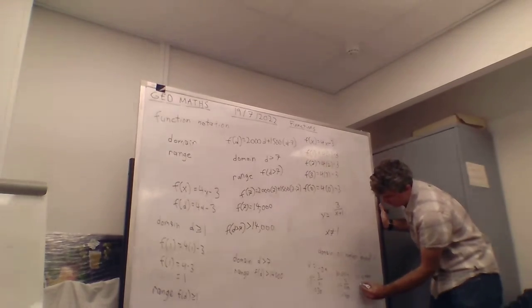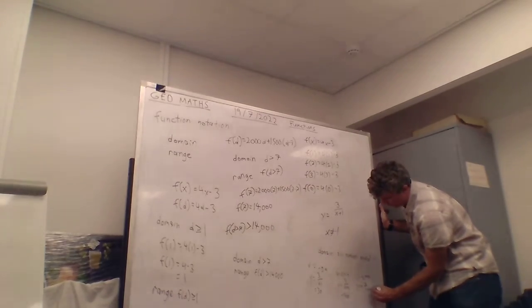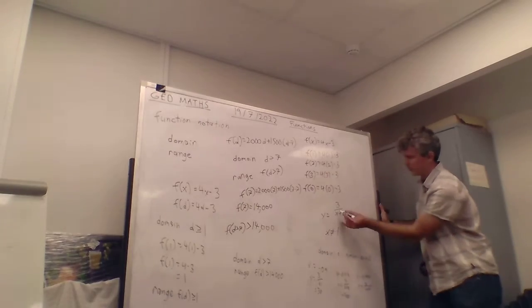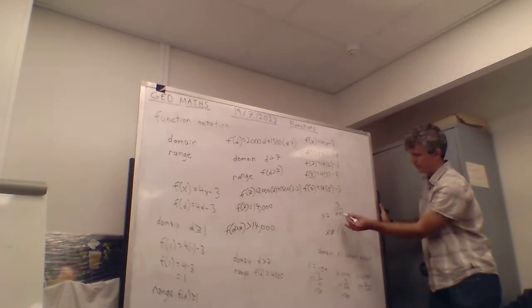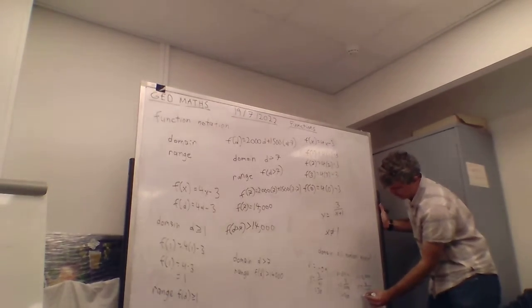Then y will equal 3 over 0.001, because it's 1 plus this. And then that'll equal 3,000.